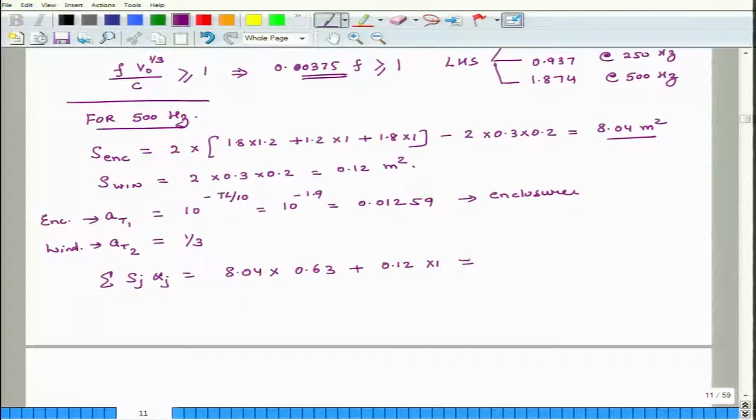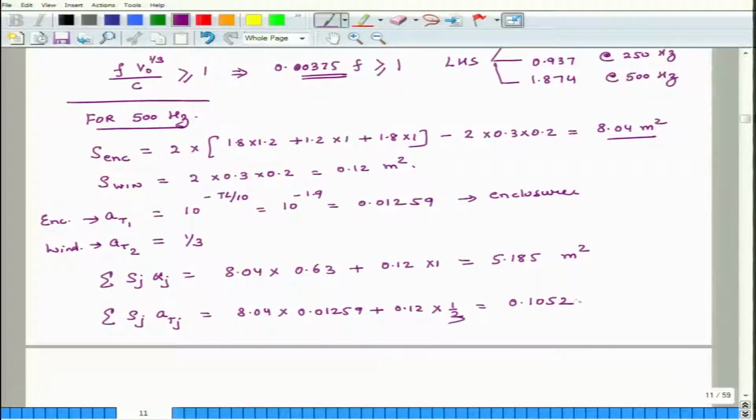That works out to be 5.185 square meters. And the sum of Sj tau j is equal to the first area times its transmission coefficient, 0.01259, plus 0.12 times 1 by 3, and this is equal to 0.1052.